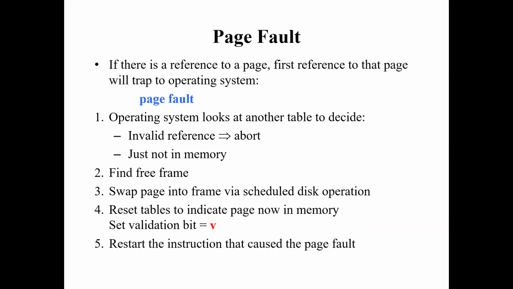Once I put that page into that frame, I need to convert my valid and invalid bit to V in my page table. Okay, so this is called a page fault. If the page is not there in your memory and you are taking that page from your storage space and putting it into the memory, then it is called a page fault.